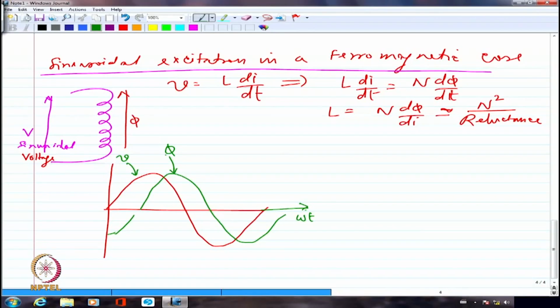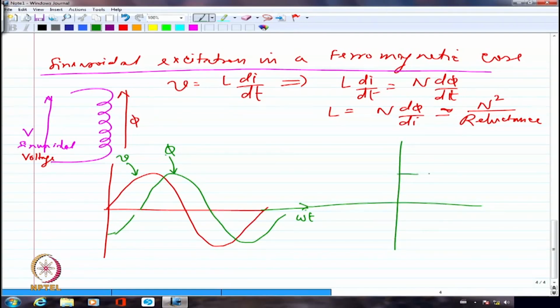I want to know how the current is going to be. So if I want to look at the current waveform, how it is going to be when I have a ferromagnetic core, what I am going to do is to draw the BH loop.